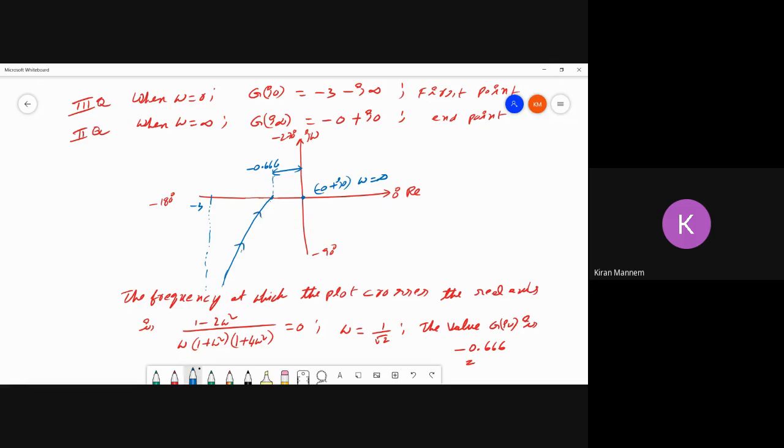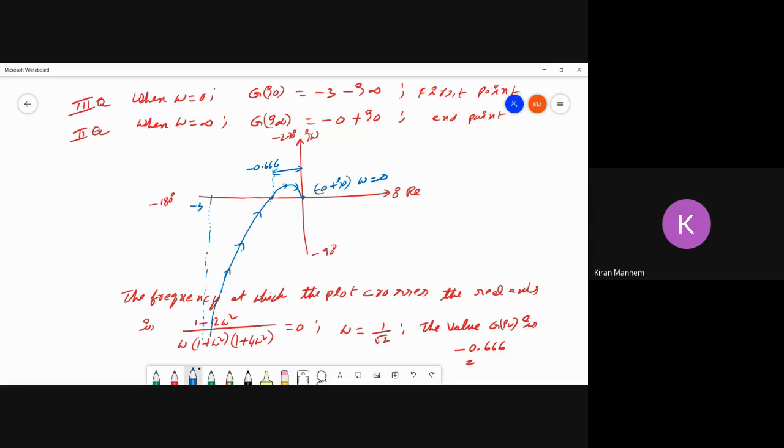To go up. So the ending point would be somewhere here. So you can draw like this. So it reaches like this, and from this point it is the same quadrant as I mentioned. You can draw a semicircle here, right? So this is how you can draw the polar plot, right?